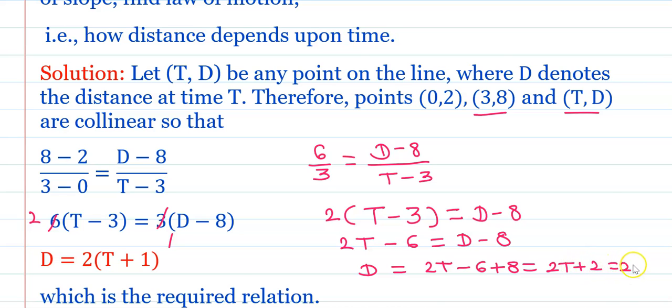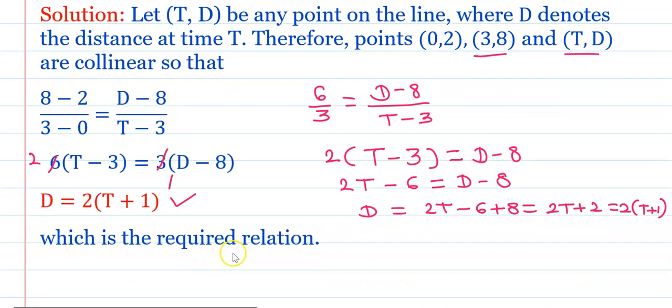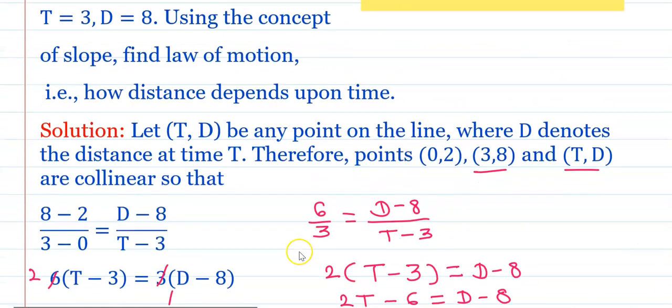Take 2 as common, and in the bracket you will get t plus 1. So d is equal to 2 in bracket t plus 1, which is the required relation.